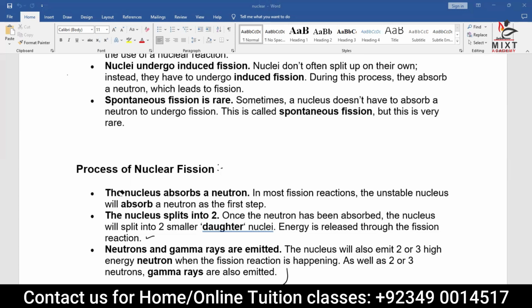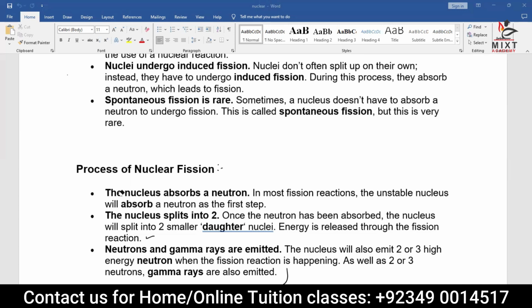Second bullet point: after absorbing the neutron, the radioactive nucleus splits into two daughter nuclei, and also energy is released through this fission reaction.